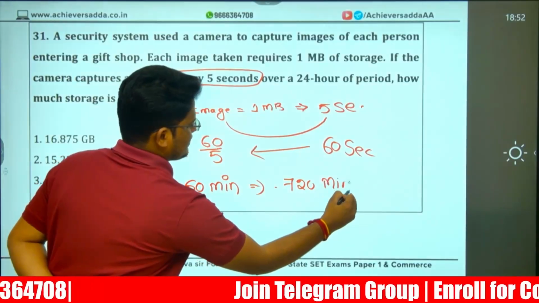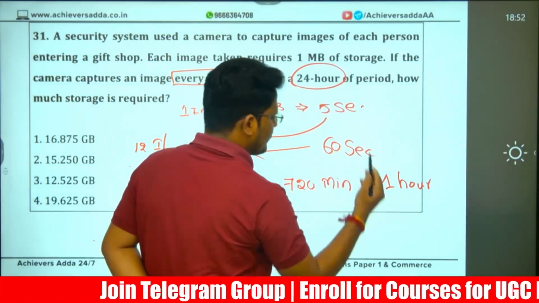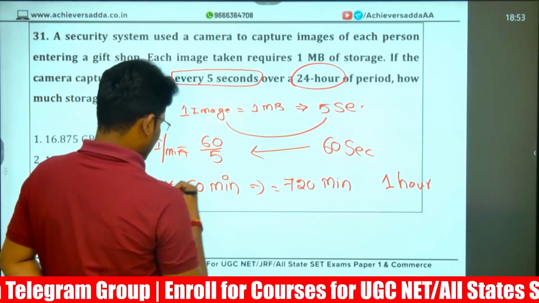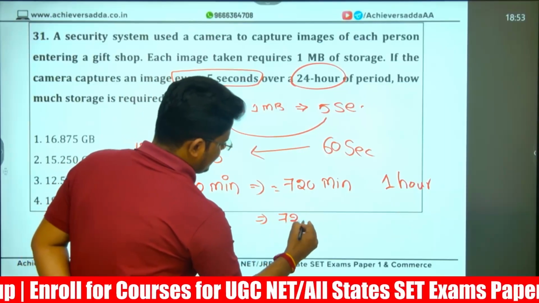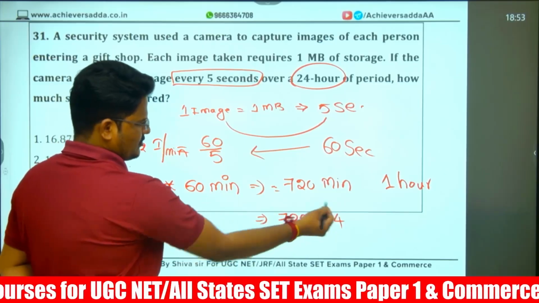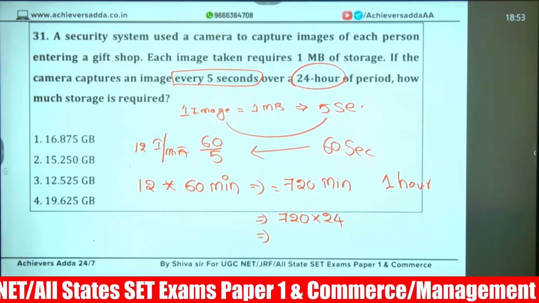So 720 images for 1 hour. The question is about 24 hours. So 720 is the capacity per hour, into 24 hours. How much will it come?